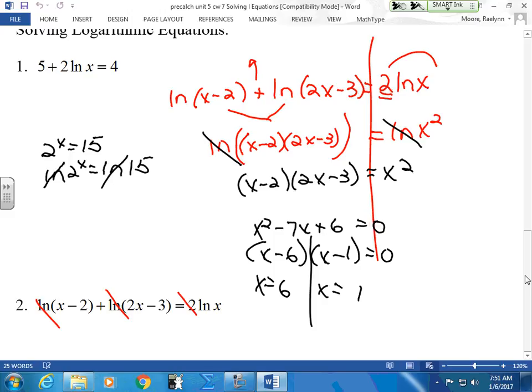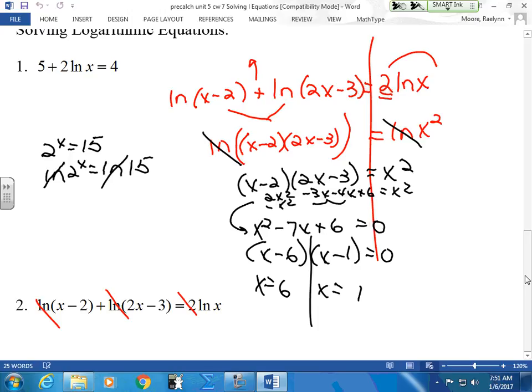You're going to have to FOIL this out. I just skipped a step. Take away your x squared, and then you combine this, you end up with this. I just skipped that step. Because my goal is to get down to here.